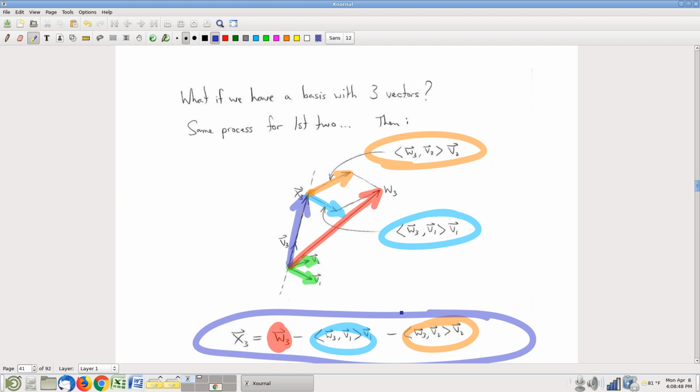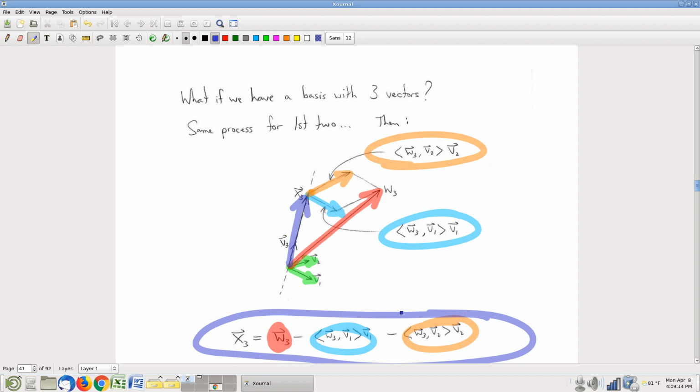Right? Notice the structure of this calculation. It's totally analogous to the two-vector case. It's just that now, in dealing with that third vector, there are two previously fixed vectors, and therefore two components that you have to remove, and therefore two terms that you subtract, corresponding to those two previously fixed vectors.